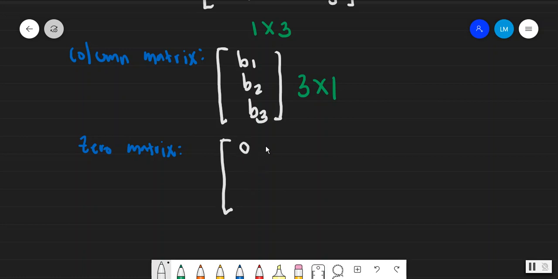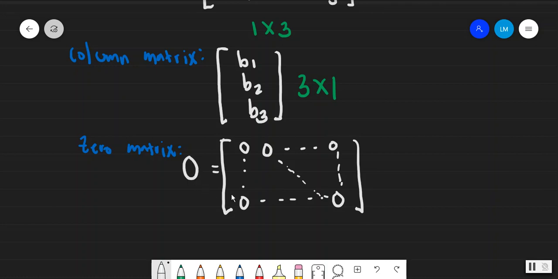So you have a 0, followed by another 0, followed by a 0, and so on. Typically you may have to notate it as a letter, or put a little subscript that implies what dimensions it might be.